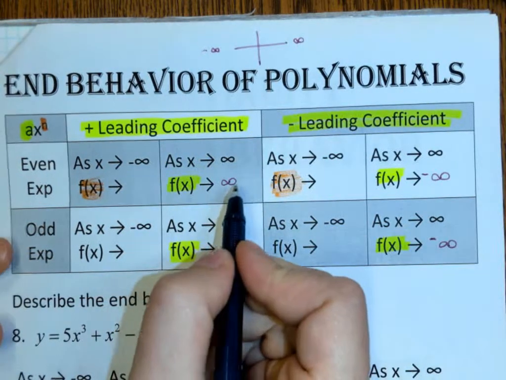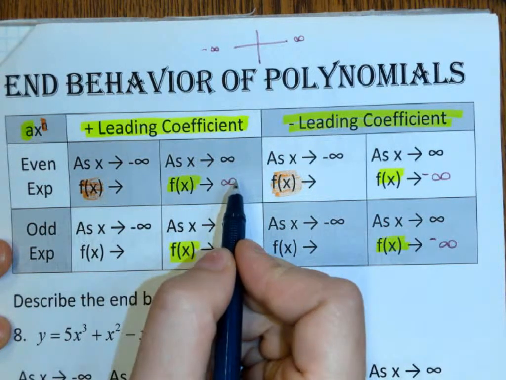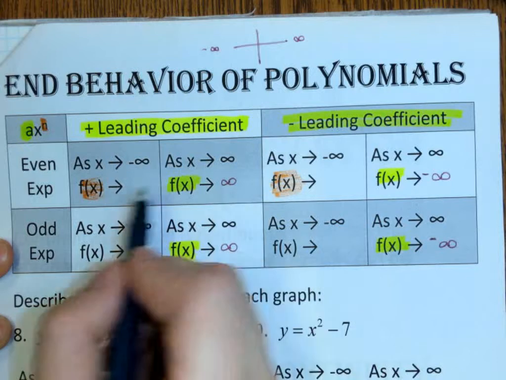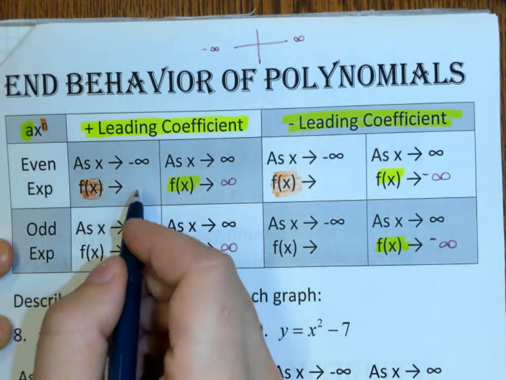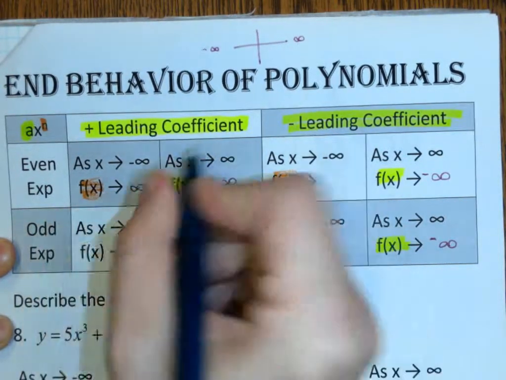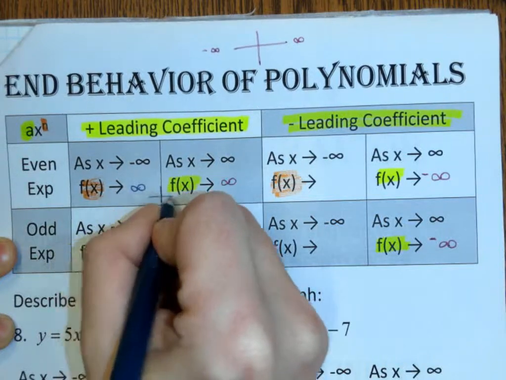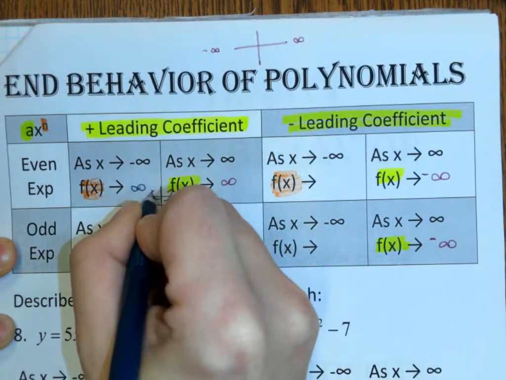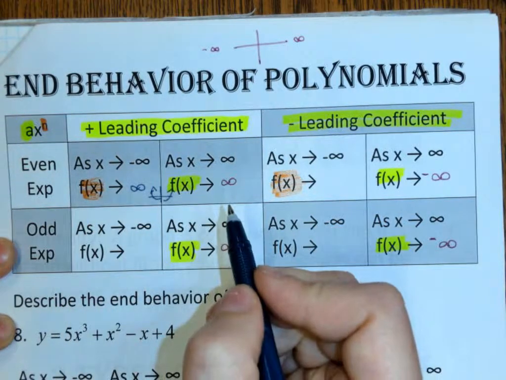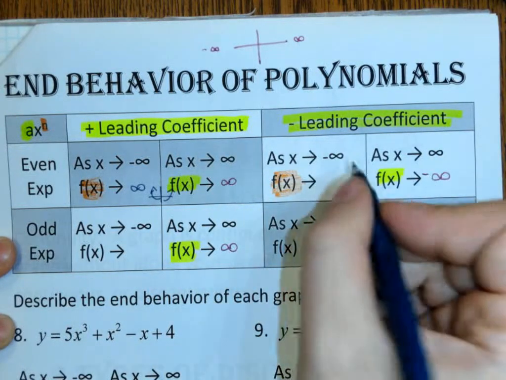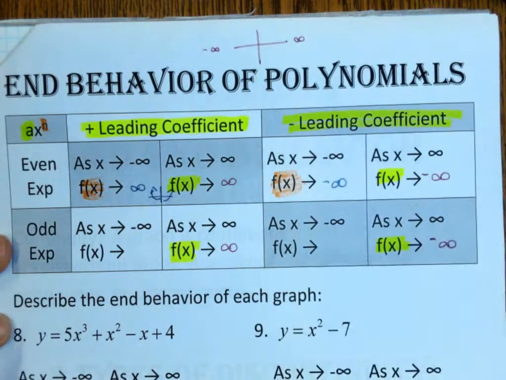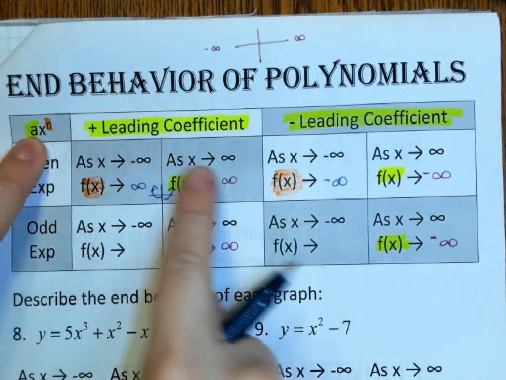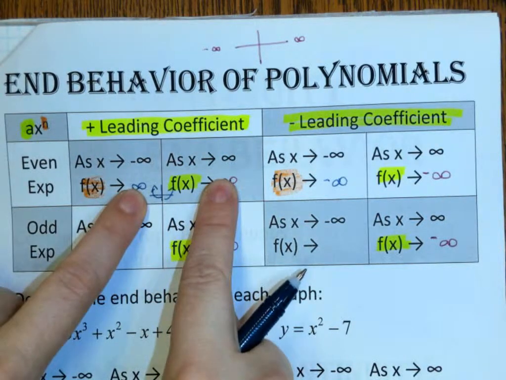So this ended going where? Positive infinity. So where is it going to start going? Positive infinity. That means my graph will go up and up on either side. And if I go to negative infinity, it's going to start going to negative infinity. Even exponents, beginning and end behavior match.